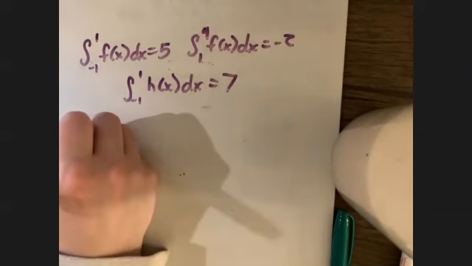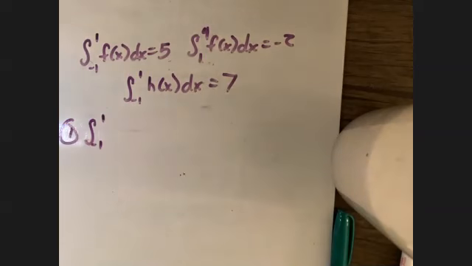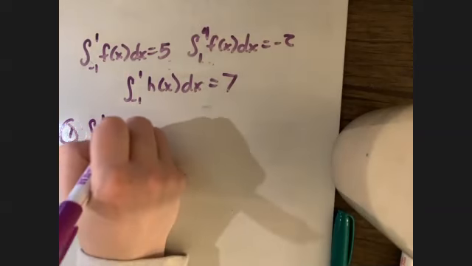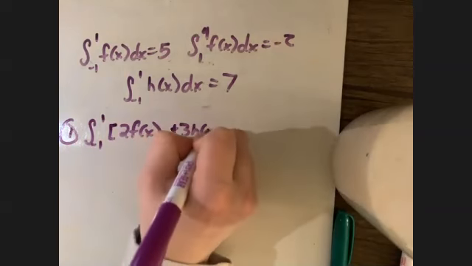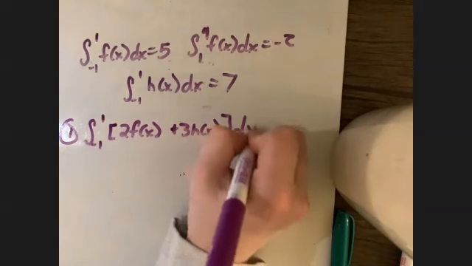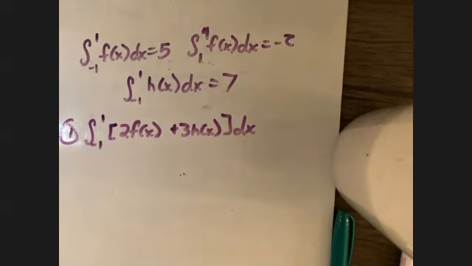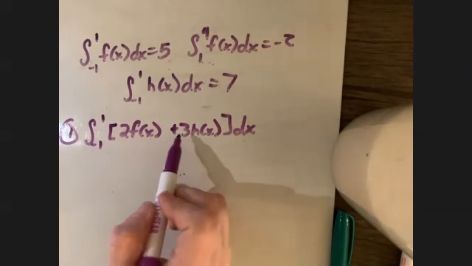Looking at another one, the integral from -1 to 1 of 2f of x plus 3h of x dx. They've got a couple of things going on here. One, they're adding functions. Two, they've got multipliers.